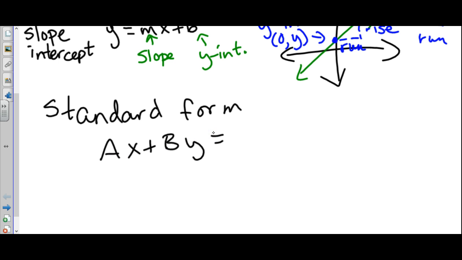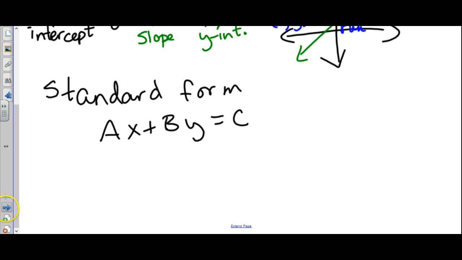It just changes where the x and the y are in the equation, and uses some different letters because we don't know which one's the slope or which one's the y-intercept from this. So let's do an example where we actually change an equation from standard form to slope-intercept form.